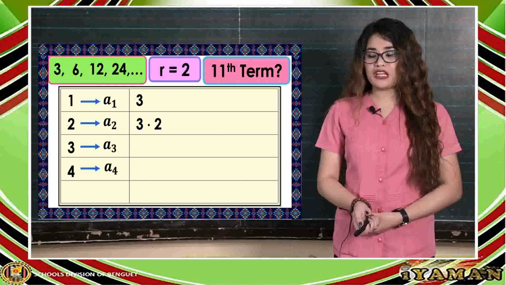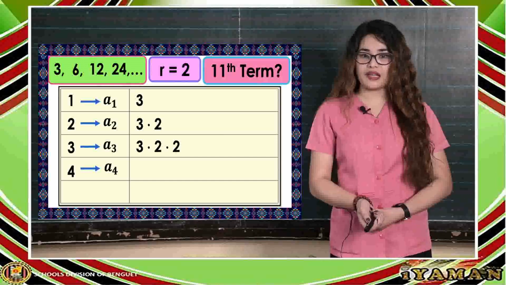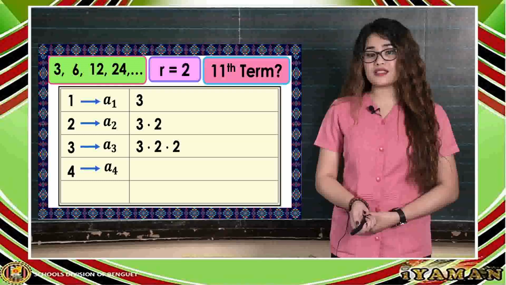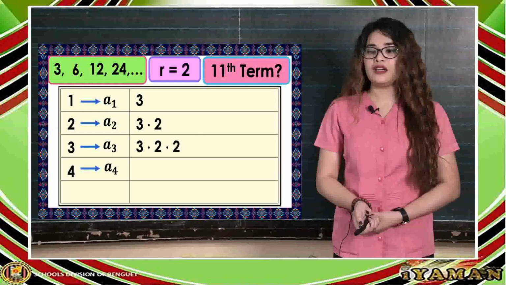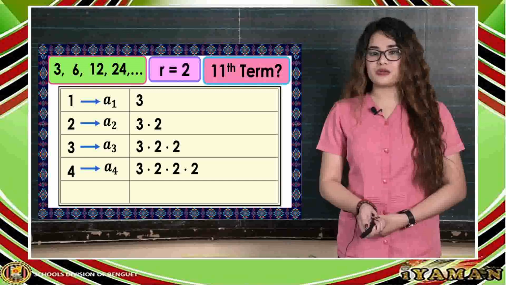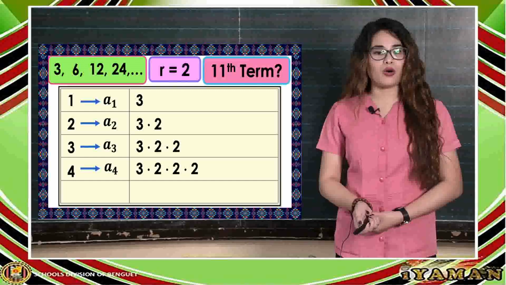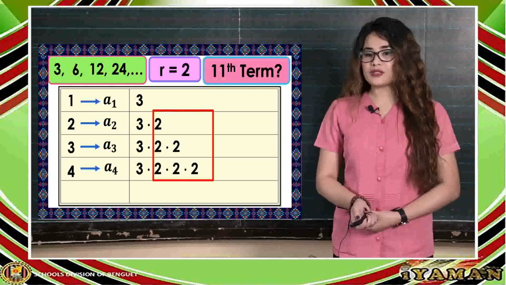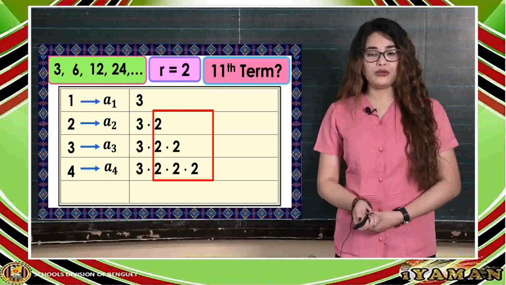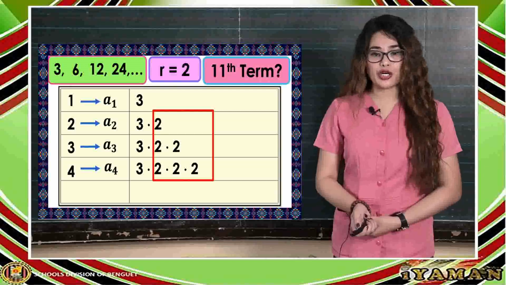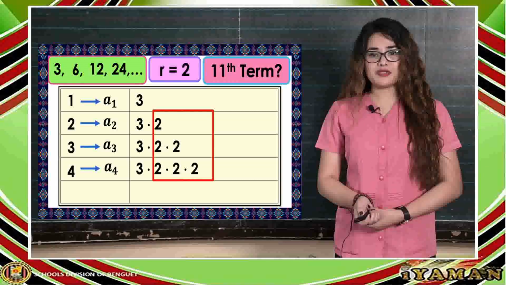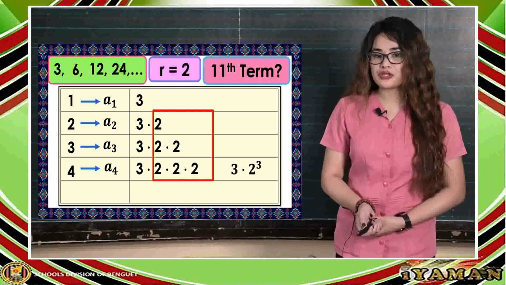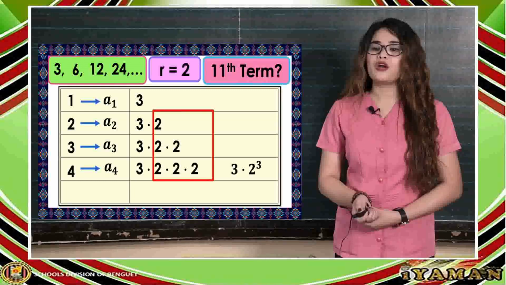So that would be 3 times 2 again. In the same way, the fourth term, a sub 4, is going to be 3 times 2 times 2 times 2. Now, instead of writing all of these 2's, we can use an exponent. So, we can take that fourth term, 3 times 2 times 2 times 2, and write that more simply as 3 times 2 to the third power, or raised to 3.